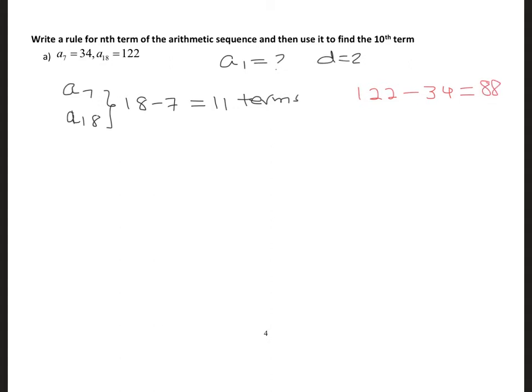Now I know that to move from one number to the next, you add the common difference. So that means 11 times d should give me 88. If I divide by 11, I get d is equal to 8.